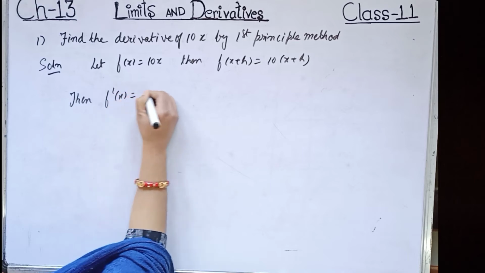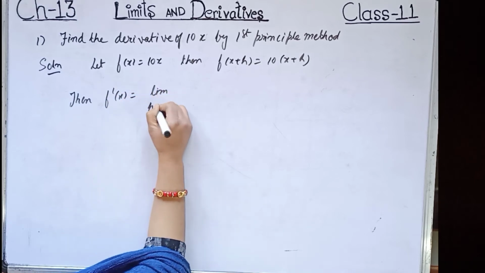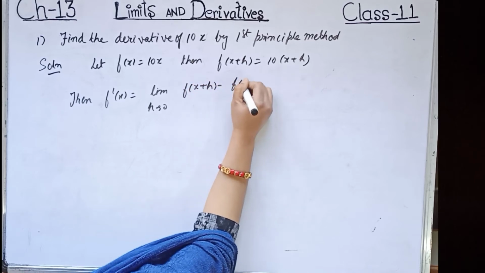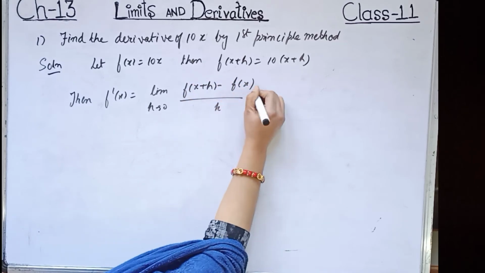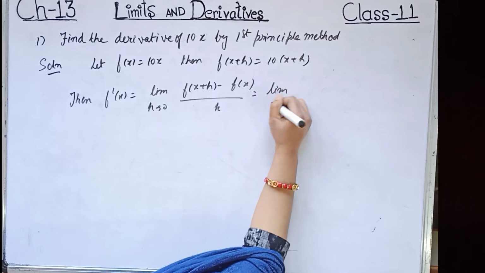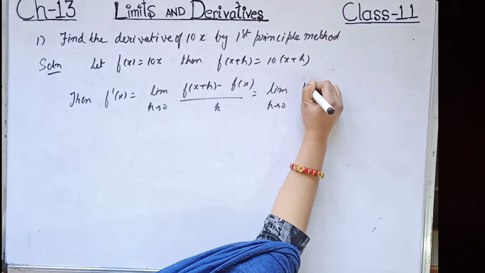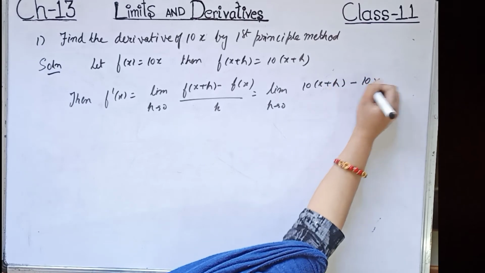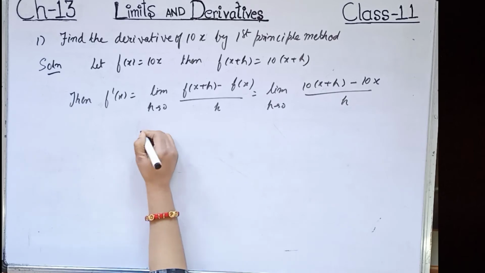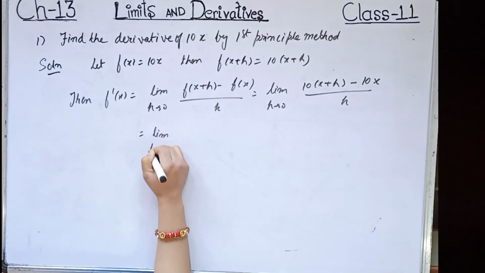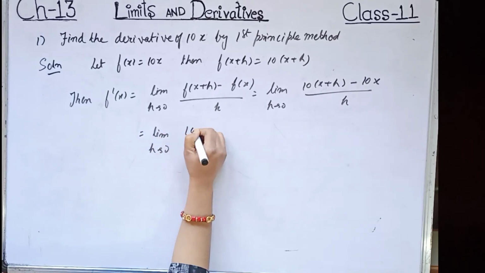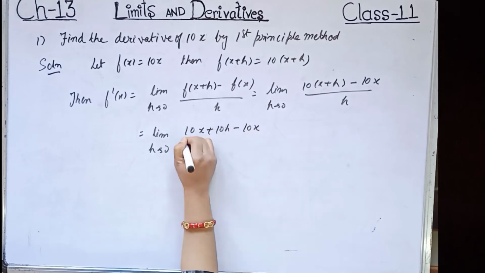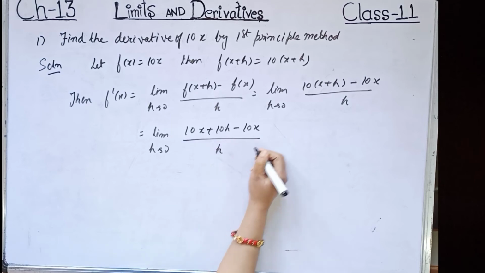Then f dash x equals limit h tending to 0 f of x plus h minus f x divided by h, equals limit h tending to 0 10 of x plus h minus 10x divided by h, equals limit h tending to 0 10x plus 10h minus 10x divided by h.